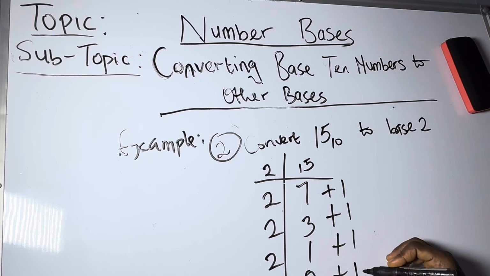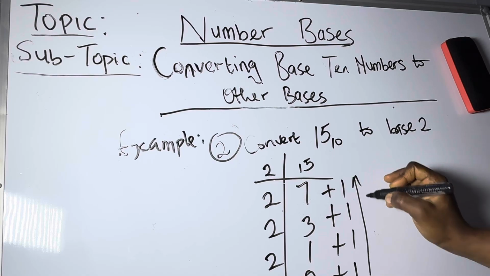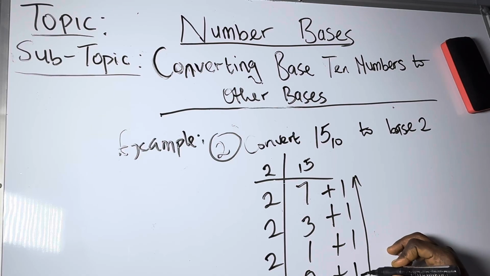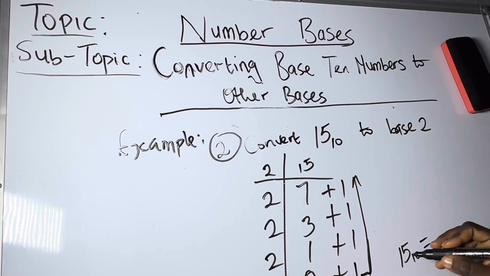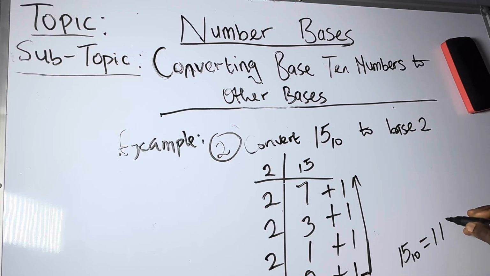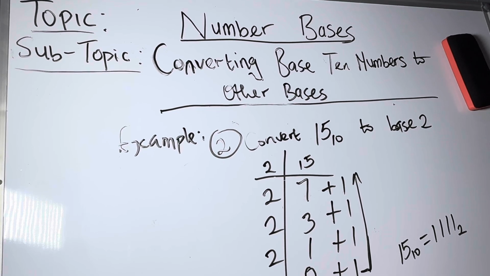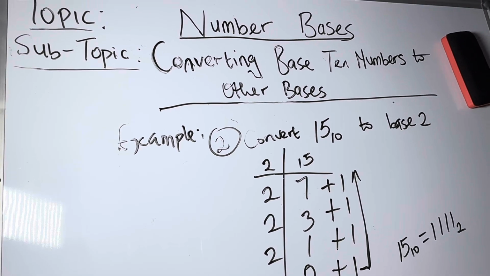So now I'm going to write my answer from backward to upward. That means 15 in base 10 equals 1, 1, 1, 1 in base 2. Do you understand?